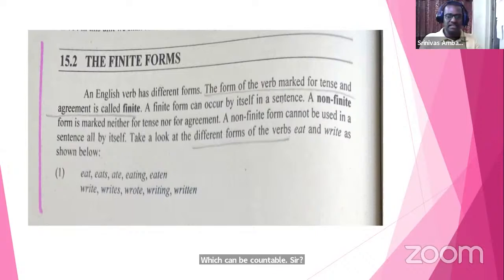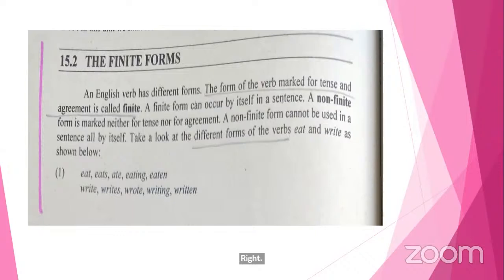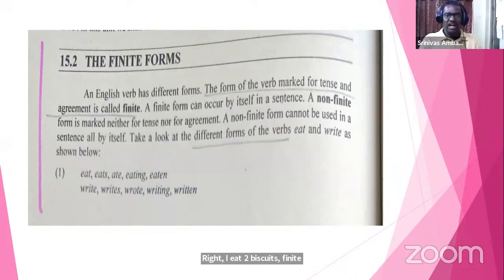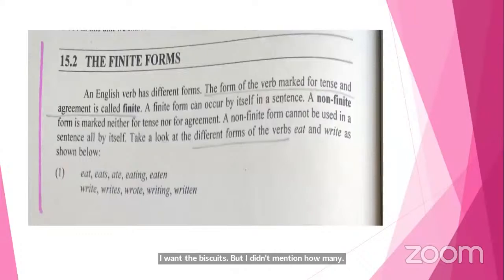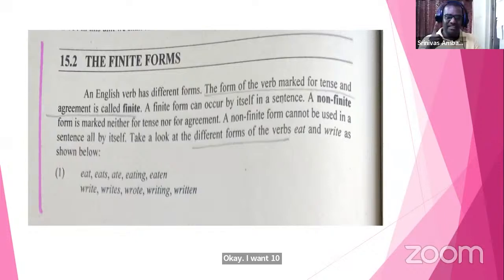Non-finite means endless. I want biscuits, but I didn't mention how many: non-finite. I want 10 biscuits: finite.